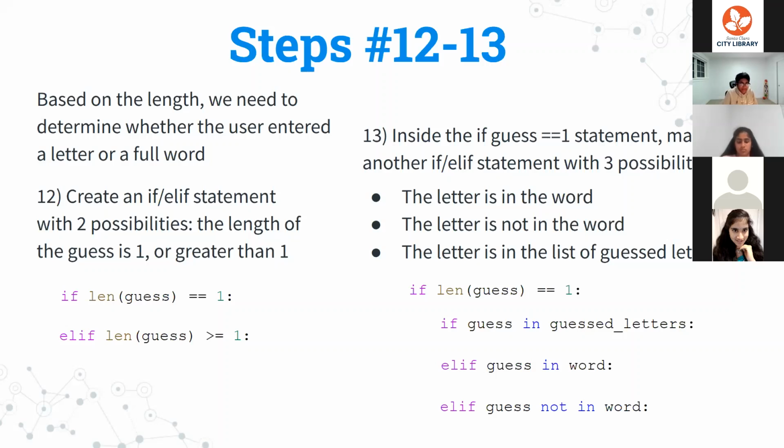The second one is checking if their letter is inside the word that is the right answer. And then the second elif statement is checking if that letter is not in the correct answer. So just make sure you have that in your code.